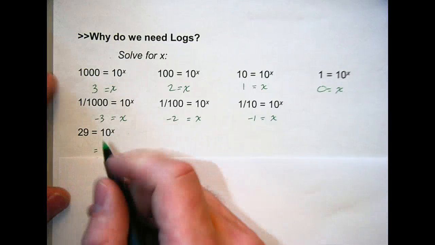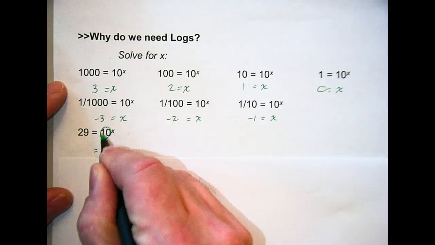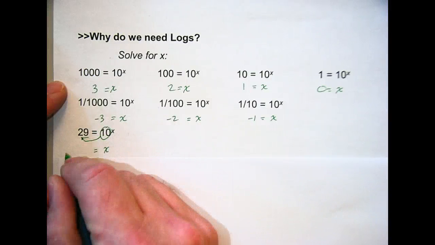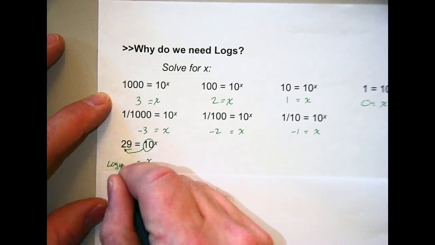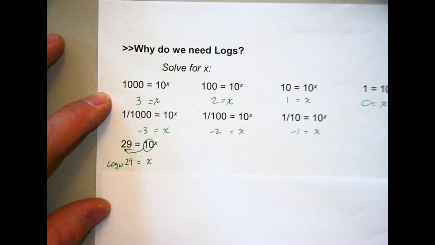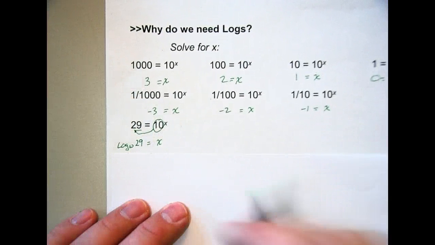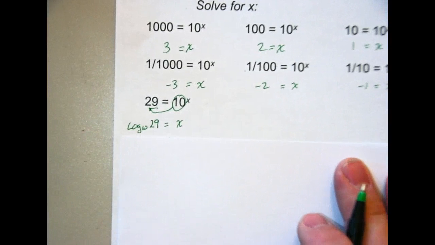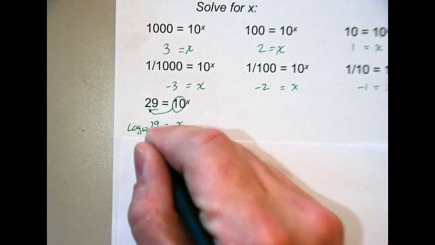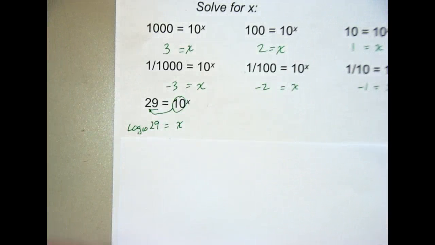So what you would end up doing to get x by itself and make it big is we take that base and we move it over. So we now say log base 10 of 29 equals x. And in fact, if you find the log button on your calculator, if you type in log of 29, that 10's not going to appear there. If you just do log 29, that will give you the answer.